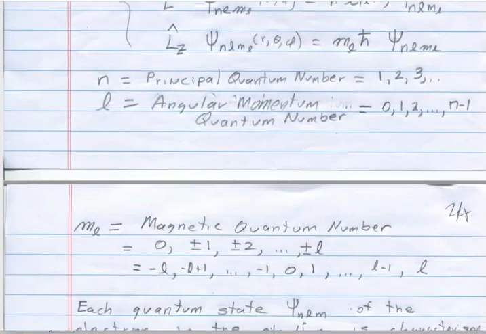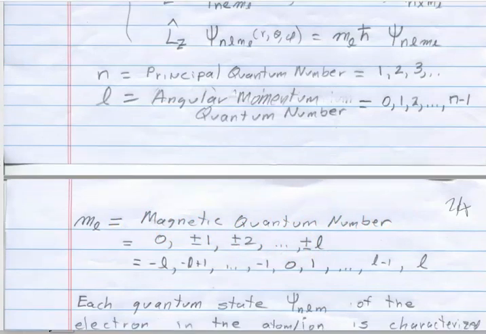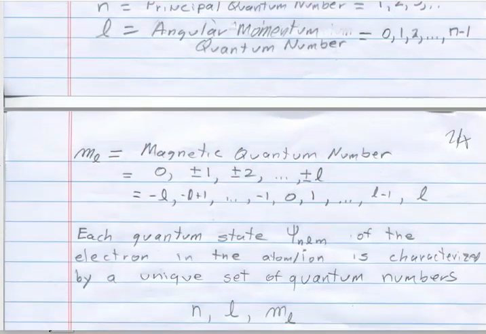And then m sub l is generally called the magnetic quantum number, and it takes on this range of values. Sometimes people write it going up in integer steps from minus l all the way to plus l, and I'll write it both ways, depending on the context. It's called the magnetic quantum number because it's related to some magnetic properties of the atom. So maybe we'll go into that a little later.